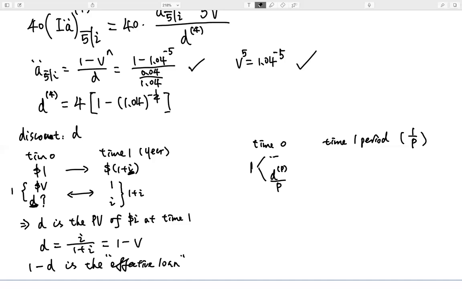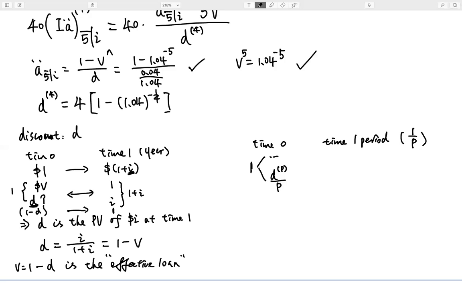One thing I should mention from here is 1 minus d. Do I have space? Let me write here, because that is what really matters. After that, we know 1 minus d is v. So 1 minus d at time 0 will grow to 1.